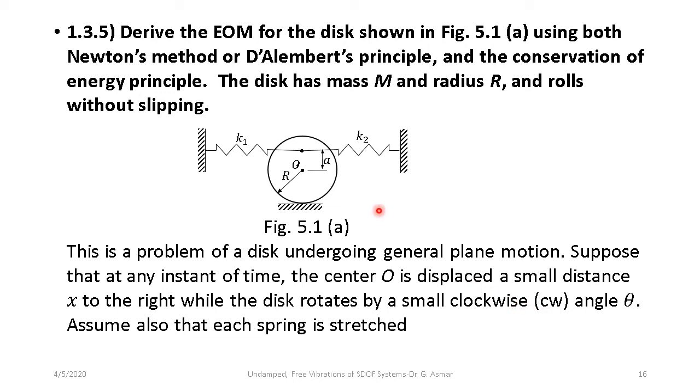When this happens, then each spring is going to be stretched or compressed by the same amount u. Spring 1 would be stretched in amount u, and spring 2 would be compressed in amount u.